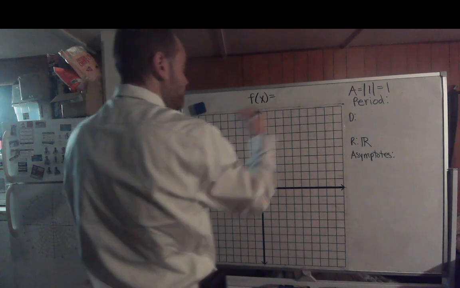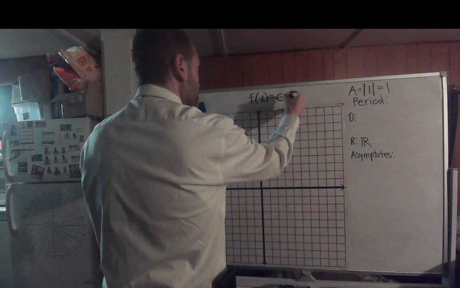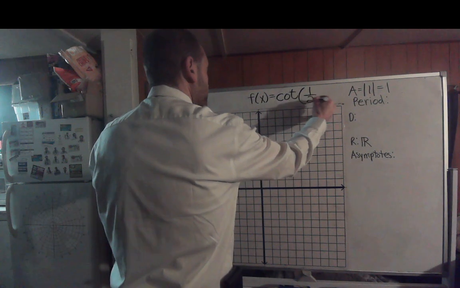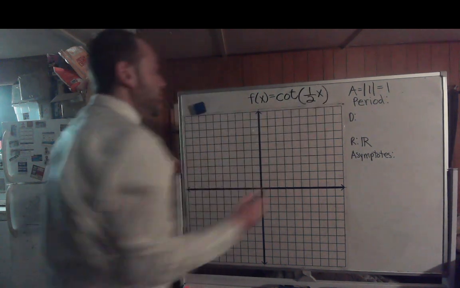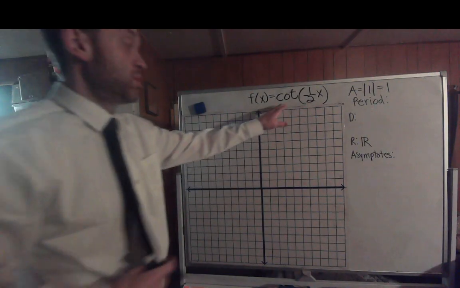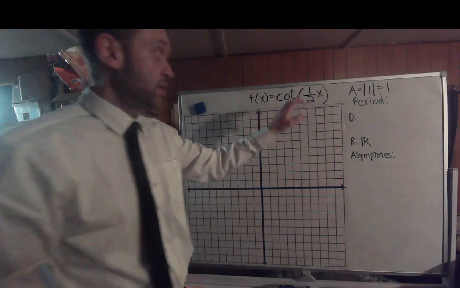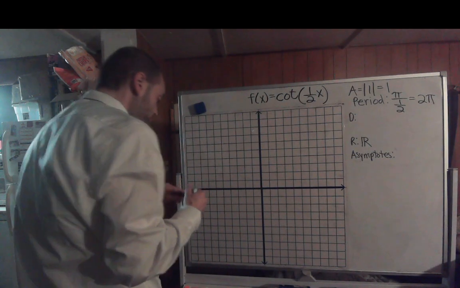So let's do, for example, f of x equals the cotangent of 1/2 of x. Well, my amplitude's still 1 because my coefficient's 1. Now for my period, I'll take that pi and divide it by that 1/2, which would give me a period of 2 pi. So I'll actually have a full period of 2 pi this time.